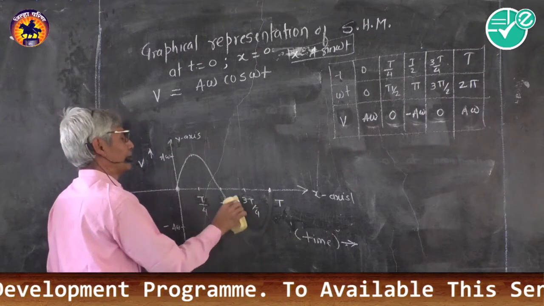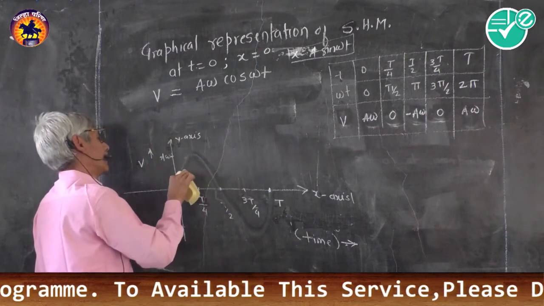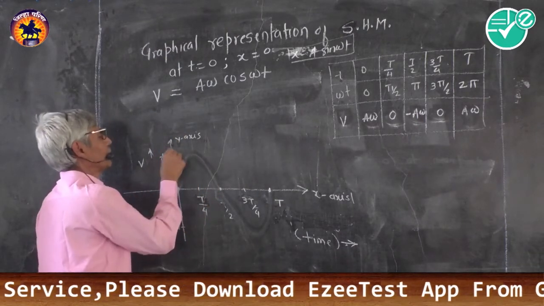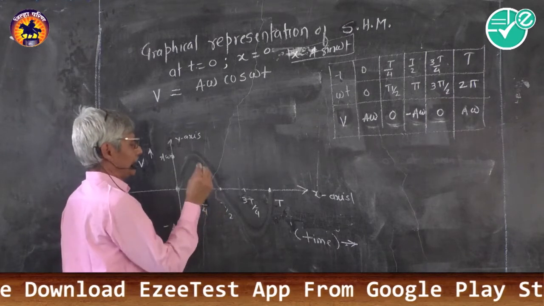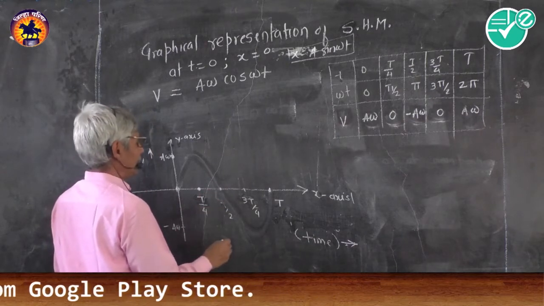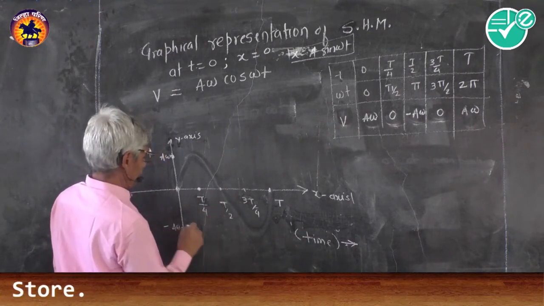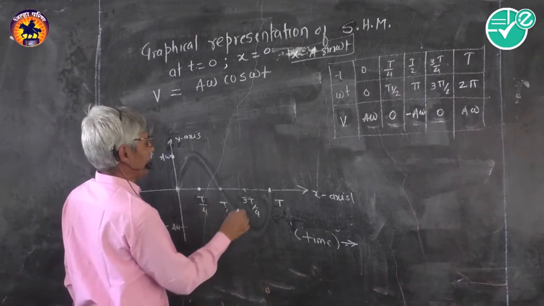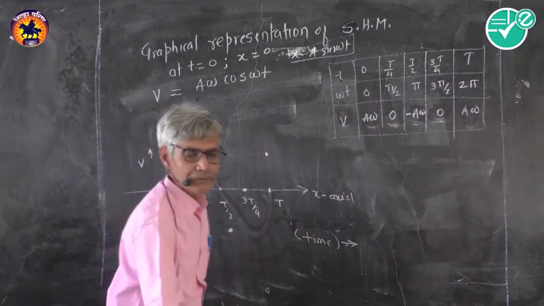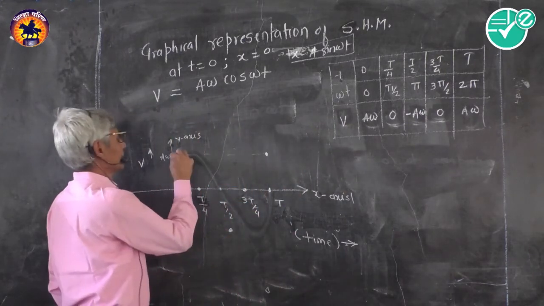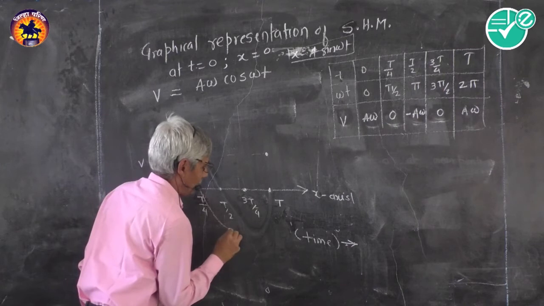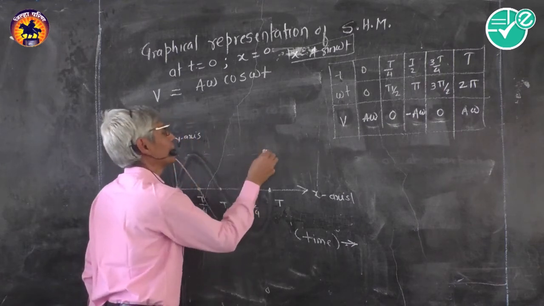The instantaneous values of the velocity are, at t is equal to 0, a omega, then at T by 4 it is 0, at T by 2 minus a omega, 0. This variation is represented again by a cosine function.